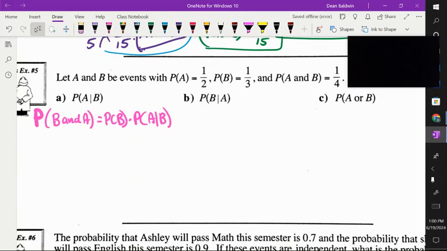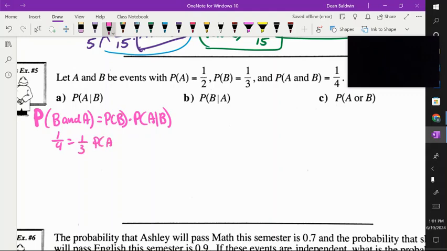All right. What's the probability of B and A happening? It's the same as that, right? So we know that's a quarter. Probability of B is a third.